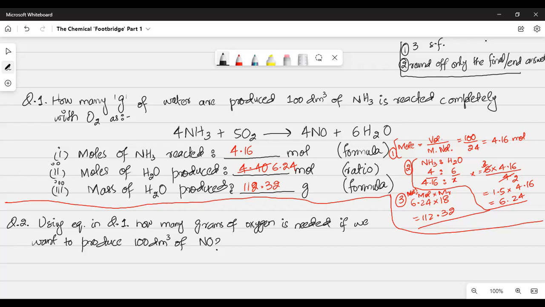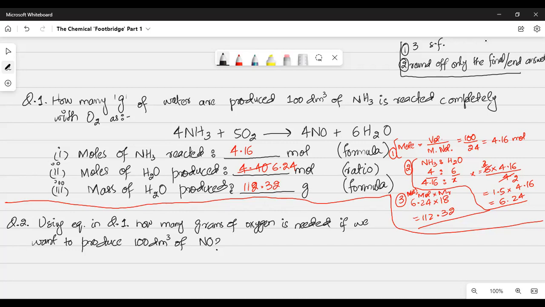This time, what I've asked you is a quantity of a reactant when you're given a quantity of a product. So this is slightly different in terms of how the question is asked, but how you work out your answers, really the steps, they're not different at all.